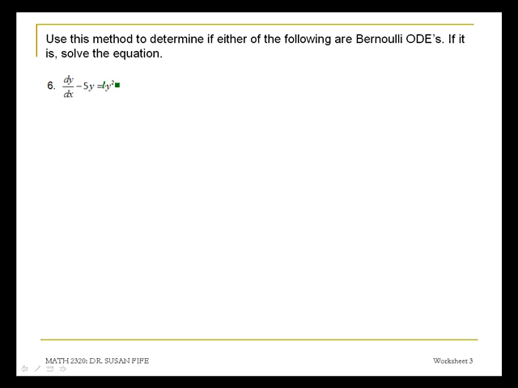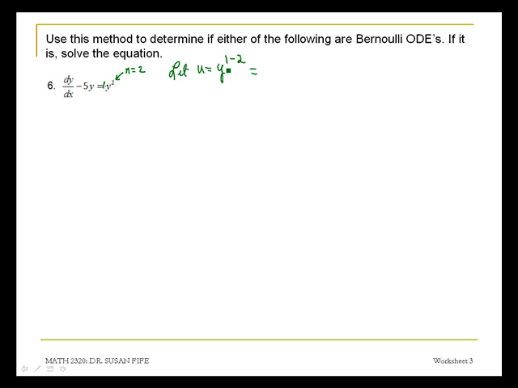And then here, y to the second power, the power of y tells you that n is 2. This is Bernoulli, and we can make the substitution u equals y to the 1 minus 2 power, and it will change this into a linear ODE.